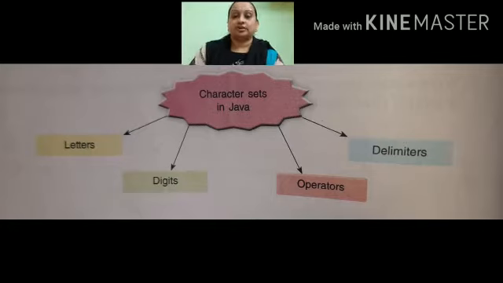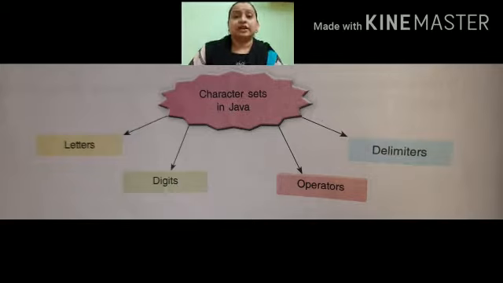Then the operators. Operators are categorized into three groups: arithmetic operator, relational operator, and the logical operator. In arithmetic operator, those are plus, minus, multiply, divide, that is slash, and modulus for the remainder.